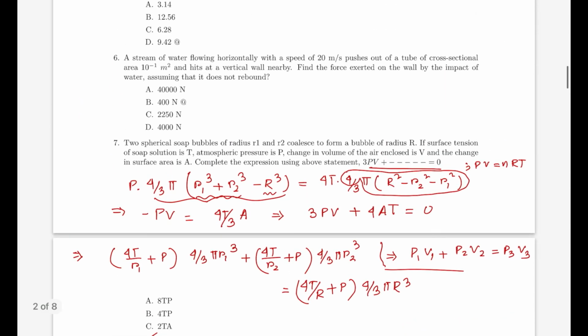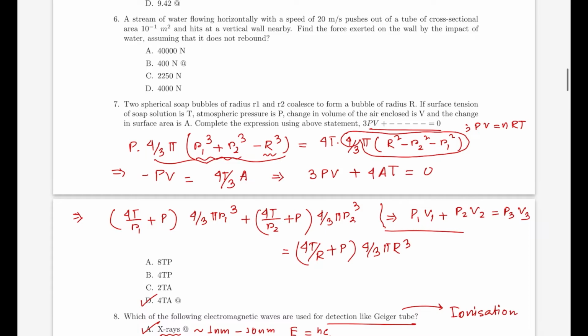Question 6 is a stream of water flowing horizontally with a speed 20 meters per second pushes out of a tube of cross-sectional area 10 to the power minus 1 meter square and hits a vertical wall nearby. Find the force exerted on the wall by the impact of water. So in 1 second, the amount of water released from the tube is contained in a cylinder of length 20 meter and area 10 to the power minus 1 meter square.